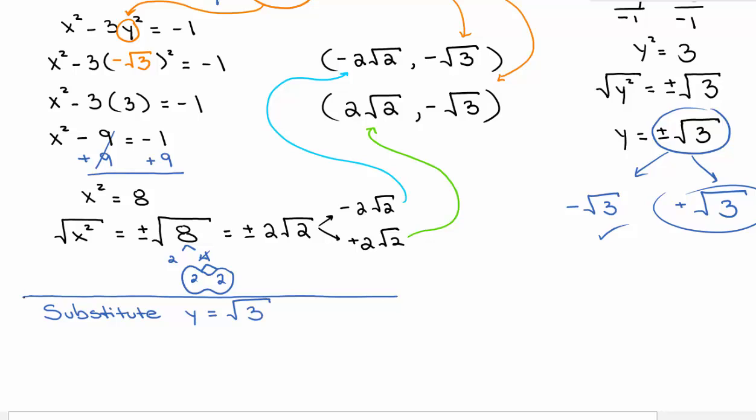And like I said, I'm just going to choose to use the same exact equation I used last time. The x squared minus 3y squared is equal to negative 1. Every time I see a y in the equation, I'm going to write radical 3, or square root of 3.